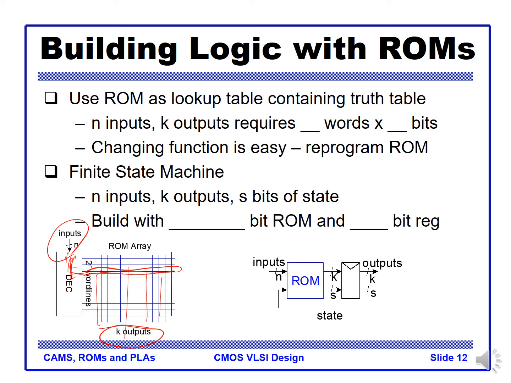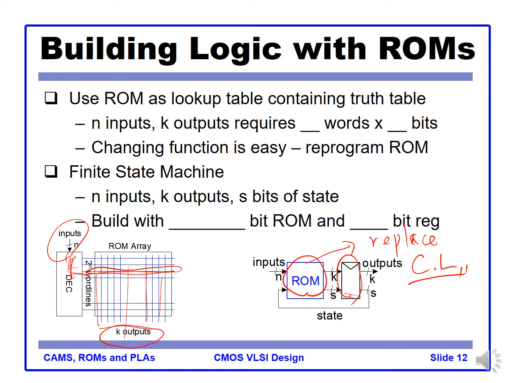So this can be used inside the finite state machine. This kind of ROM structure replaces the combinational logic. So we have a flip-flop here, so we can easily implement the finite state machine.